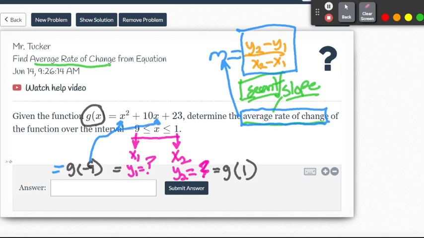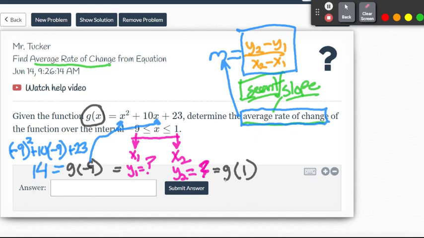In this function, we have two places. So this is going to be -9 in parentheses squared plus 10 times -9 in parentheses plus 23. So then we just go ahead and throw that in our calculator. After throwing it in our calculator, we get positive 14.